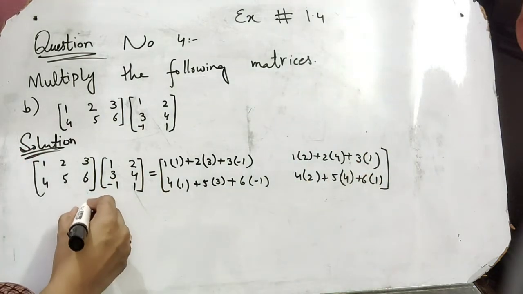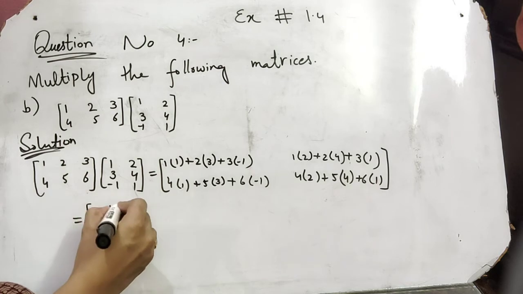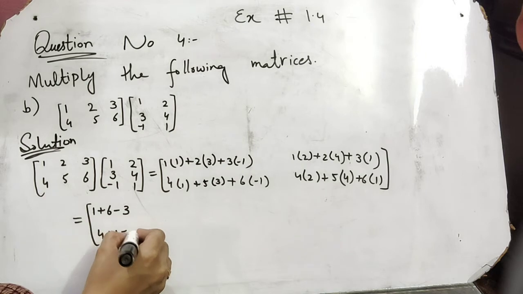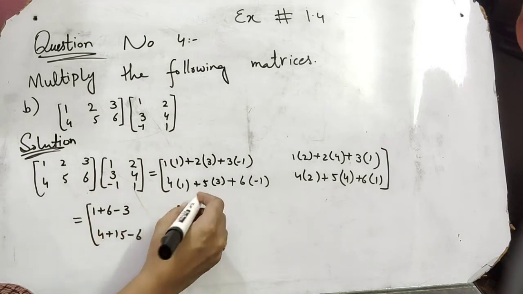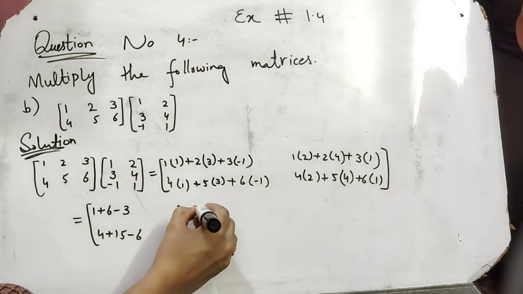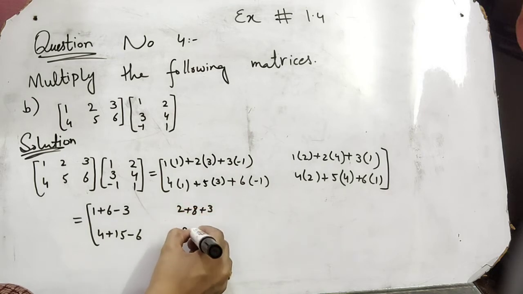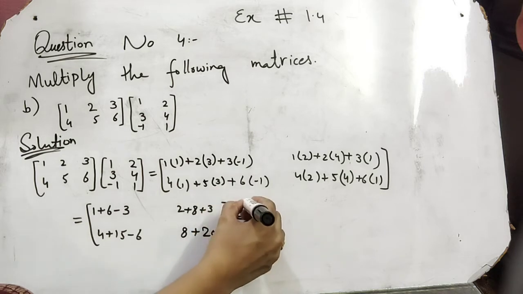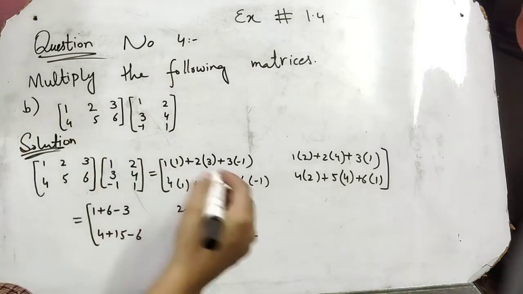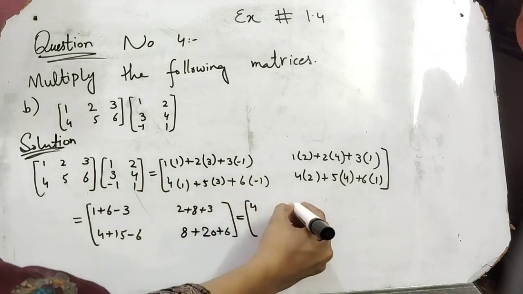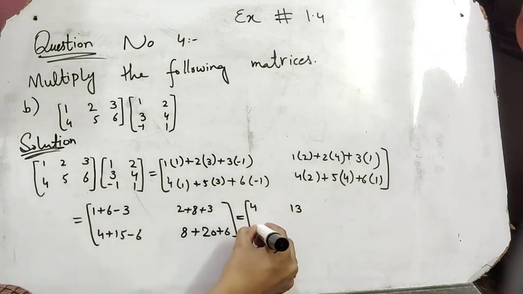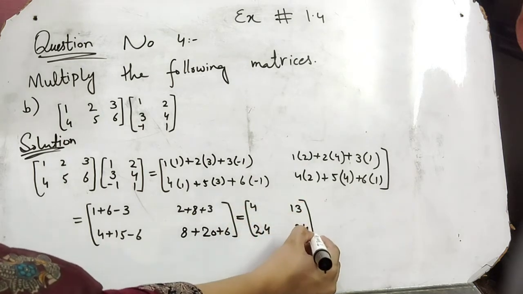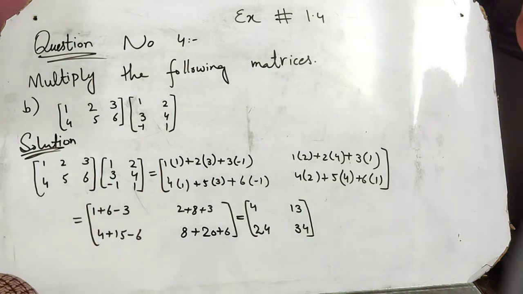It will be equals to 1 plus 6 minus 3, 4 plus 15 minus 6, 2 plus 8 plus 3, 8 plus 20 plus 6, which will be equals to 4, 13, 24 and 34. This is the answer of part B.